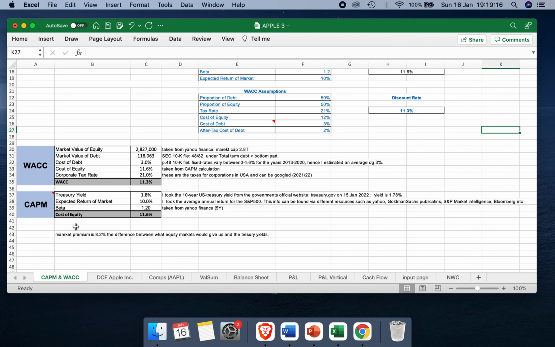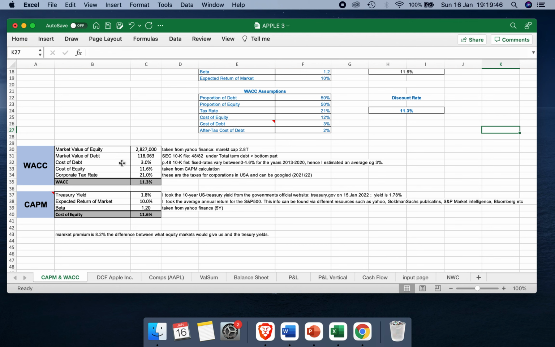Once I had this, I was able to calculate WACC. For the figures, I took the market cap of Apple, and then the market value of debt. You can see this for any company in its 10-K filing under total term debt.